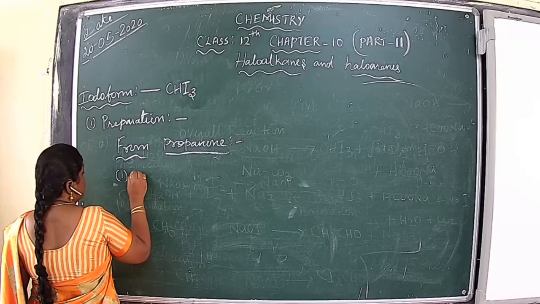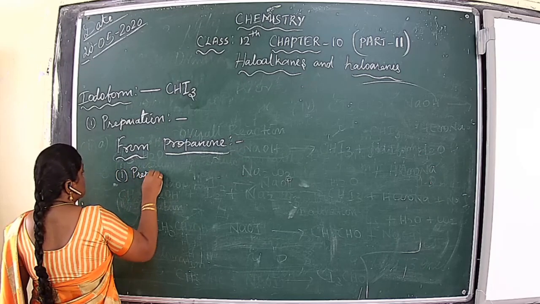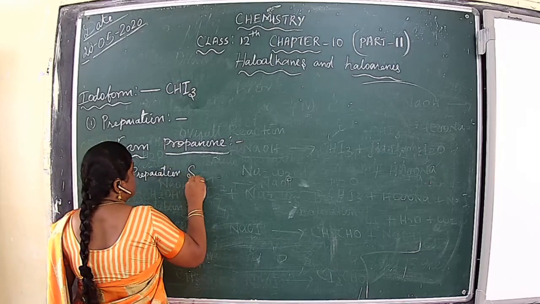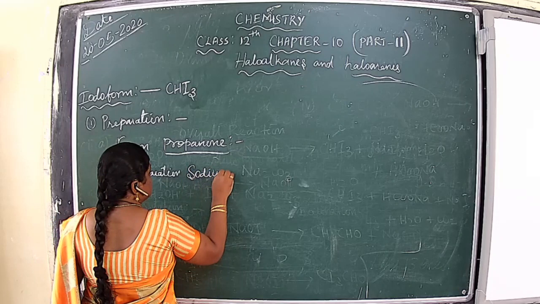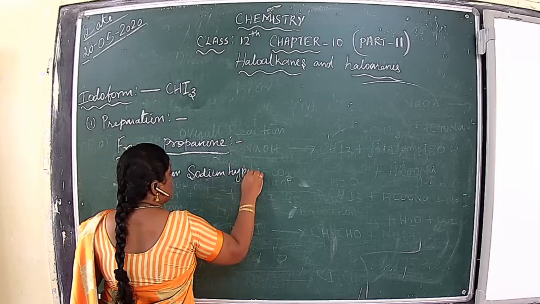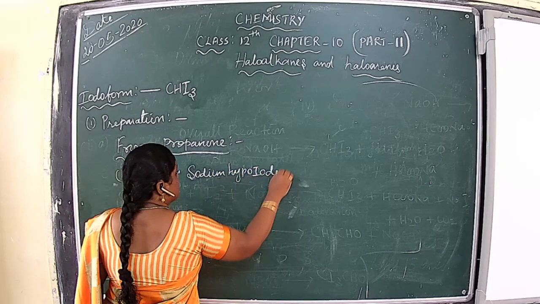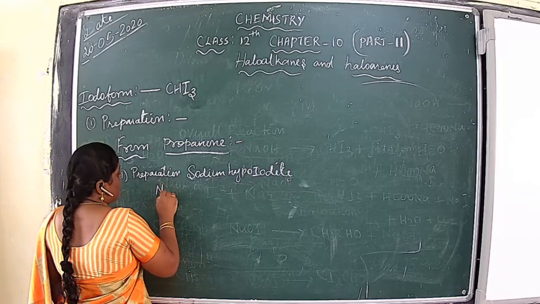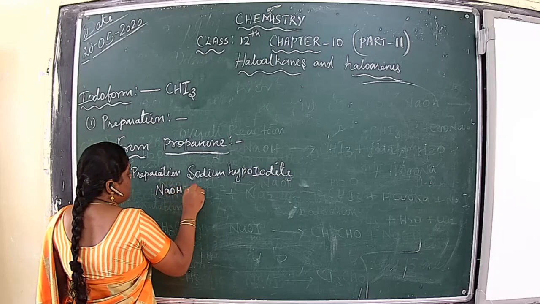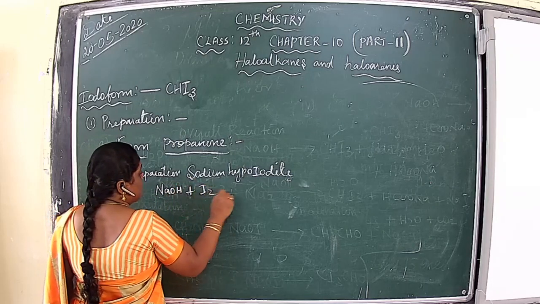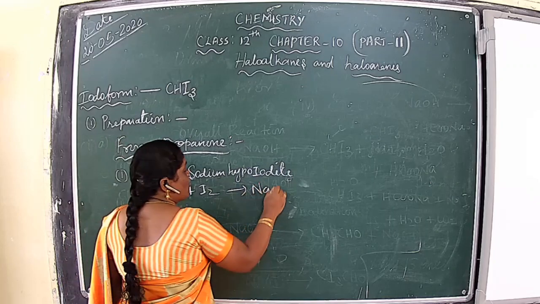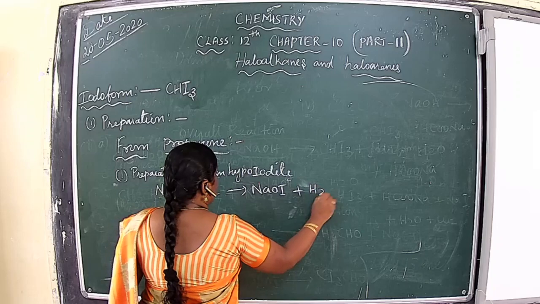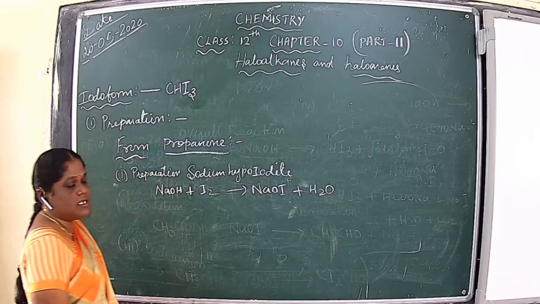The first step is the preparation of sodium hypoiodite: NaOH plus I2 gives NaOI plus H2O.